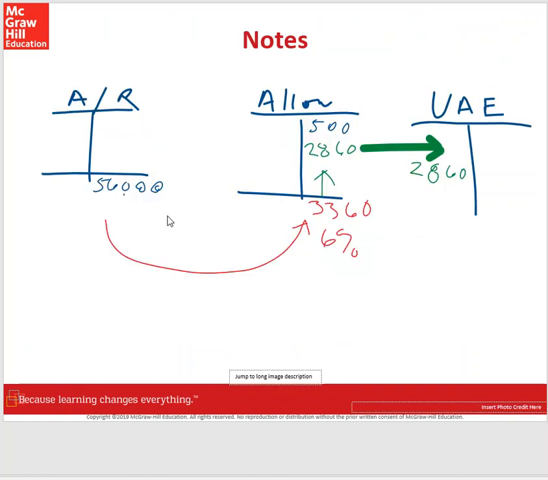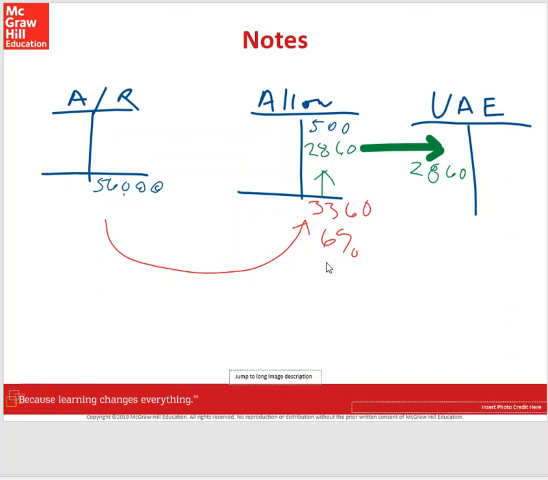So the way I look at it, the percent of receivables method wants us to have a relationship between our ending balance in accounts receivable and our ending balance in allowance. And from an accounting perspective, this makes a lot of sense. It's actually more accurate than the percent of revenue technique.